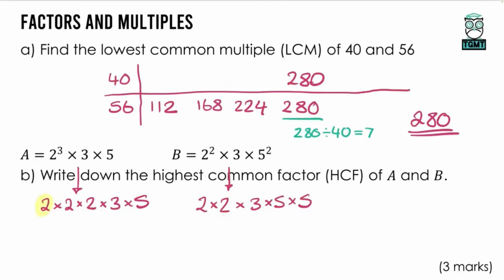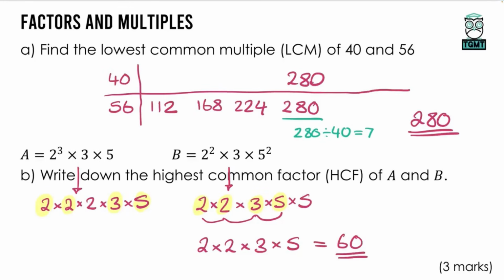They both have a 2, they both have another 2, they both have a 3, and they both have a 5. Now whatever's in both, we're just going to multiply all these four numbers together. So 2 times 2 times 3 times 5. And again, I'm just going to type that in on the calculator, and it gives me an answer of 60.